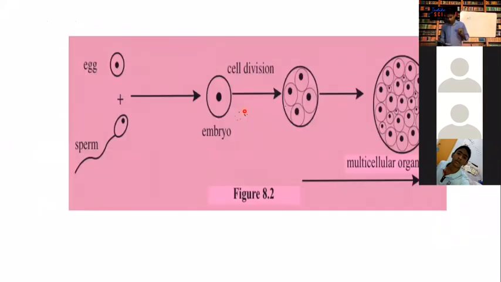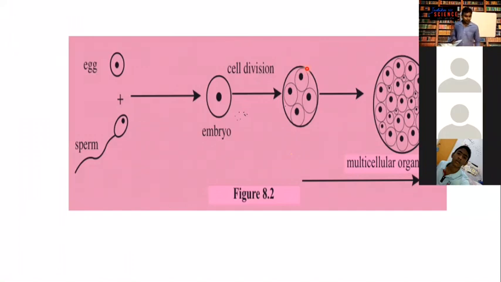Now we are going to discuss, still talking about cellular organization, the cell structure. Now you can see on the screen. I told you we are not unicellular organisms. But if you consider our origin, how we form, actually we form from a unicell, one cell.